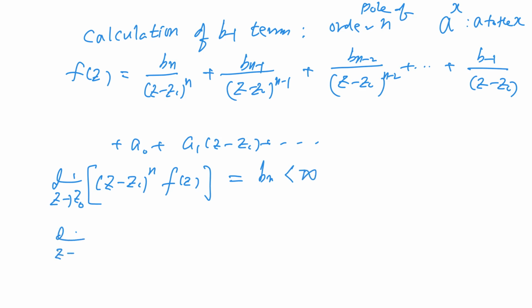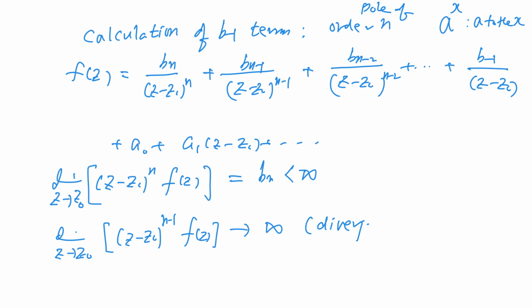However, if we multiply by (z minus c naught) to the n minus 1, then because of the first term, it diverges, right? It goes to infinity. So this term is non-zero.